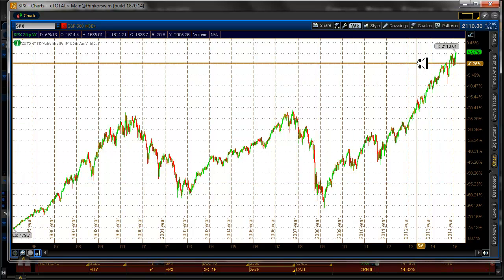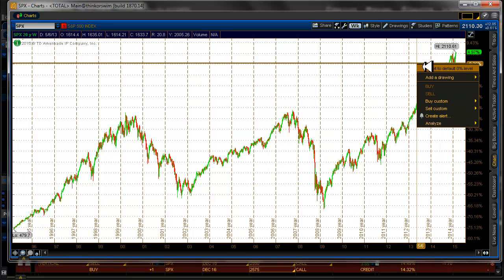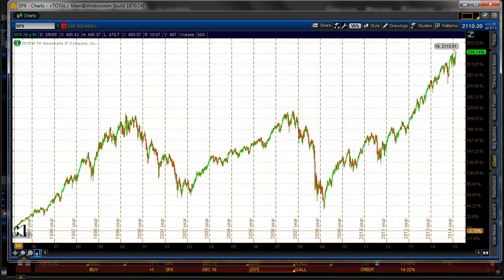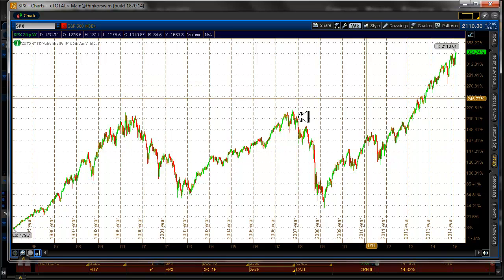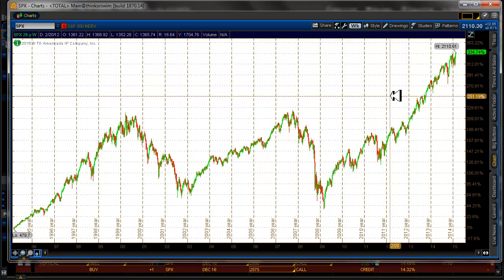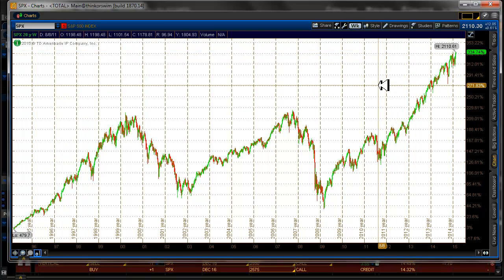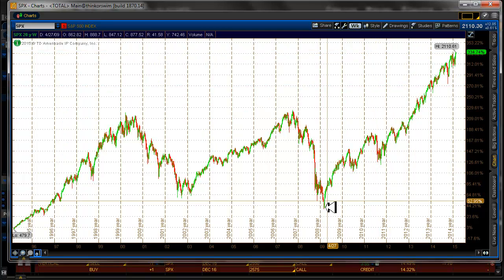So what was I going to do next? Let me go back here and reset to default 0 level. The 0 level, of course, is probably back here. So in the last 20 years, the market is up 334%.